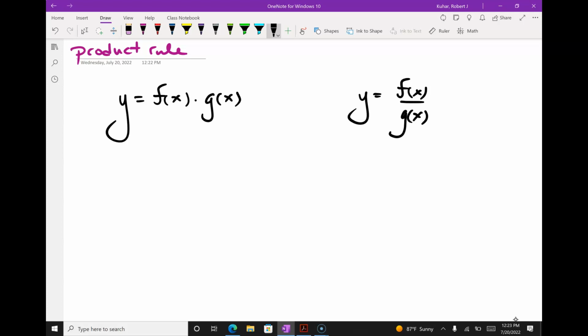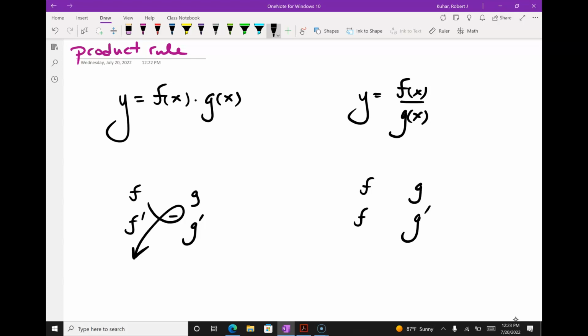I'm going to talk about f, its derivative, g, and its derivative. Same thing over here. Product rule, I'm going to do a loop like this. Quotient rule, I'm going to do a loop like this. And so right away, can you see the letter P and the letter Q?